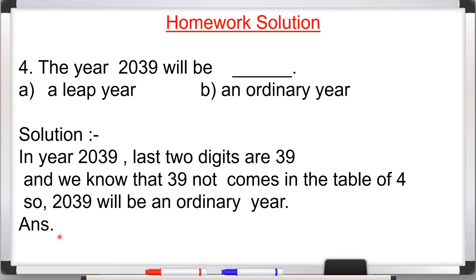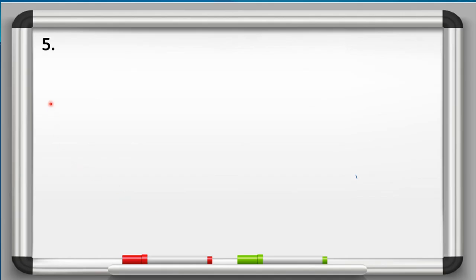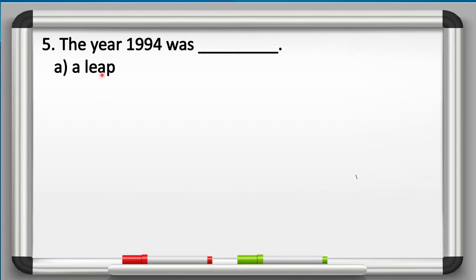So what is our answer? Option number B. That is correct. Now question number 5. The year 1994 was dash. जो ईयर था बेटा 1994, वो कैसा ईयर था? We have two options, a leap year or an ordinary year.